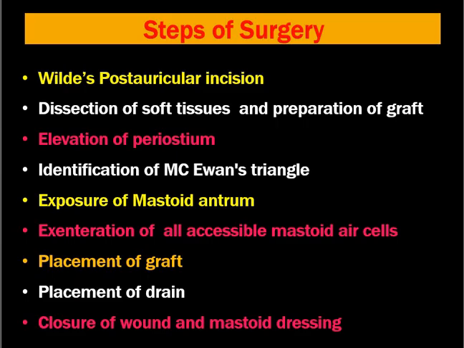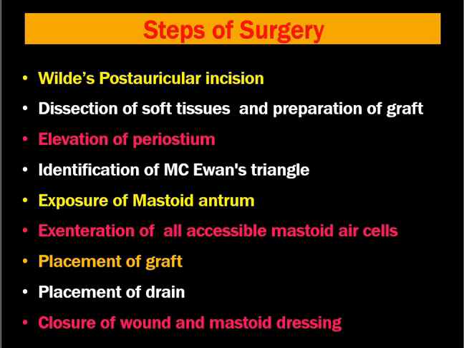We usually prefer a post-auricular incision. You can find the details of different incisions for mastoid surgery in other slides. Dissection of the soft tissues and preparation of the graft from temporalis fascia. The temporalis fascia graft can be harvested from the same surgical site. And then we elevate the periosteum and identify McEwen's triangle.